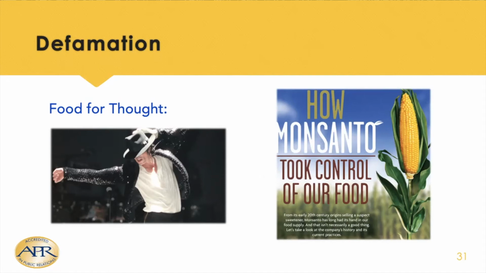But a couple of things to think about from a defamation perspective, which is always interesting, is can dead people, which is always controversial, especially with high profile individuals, can dead people be defamed? And also, can companies or organizations be defamed? Can an organization sue an individual or a media outlet for defamation?